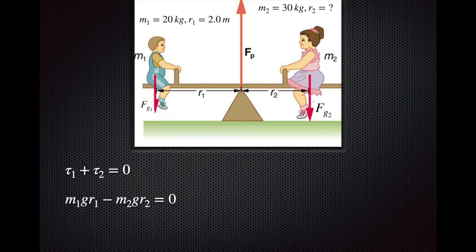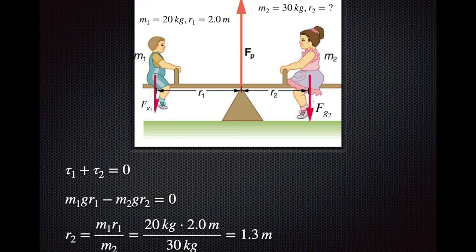So we take the force in each case, which is just the mass of the object times g, the force of gravity, times the lever arm, and the appropriate sign. We don't have to worry about any angles here because the forces are perpendicular to the moment arms. So we get this expression here. We can see that g is going to cancel out, and with a little algebraic rearrangement, we can solve that for R2.